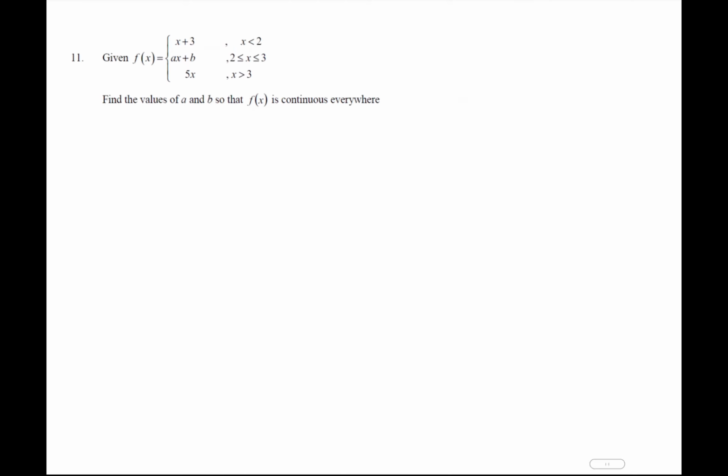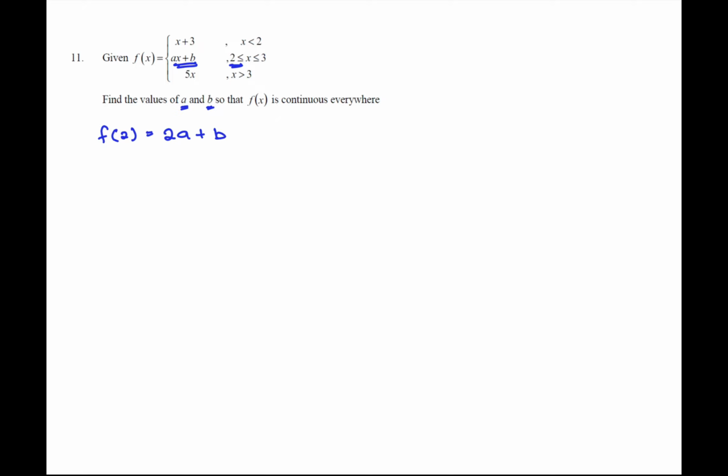Okay, now let's look at question 11. You have a piecewise function, and also the same thing, you want to find the values of a and b so that f(x) is continuous everywhere. Since it's continuous, it must satisfy all three conditions of continuity. So we can check f(2), which equals 2a plus b.